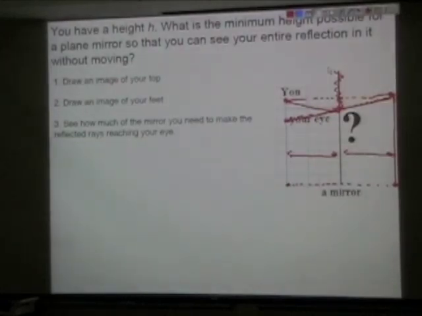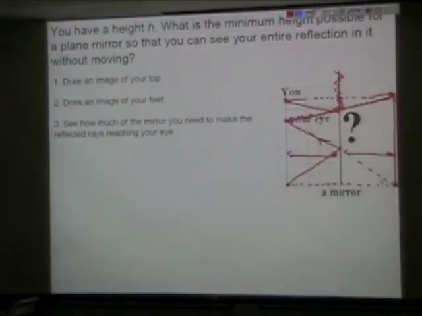What about the bottom part of the mirror? Well, again, if you connect these two dots, this part represents the actual light ray from your feet towards your eye.